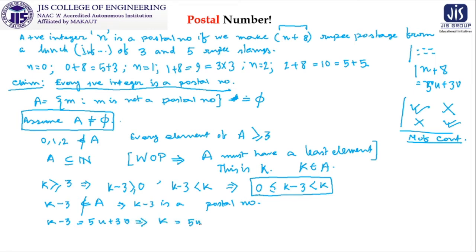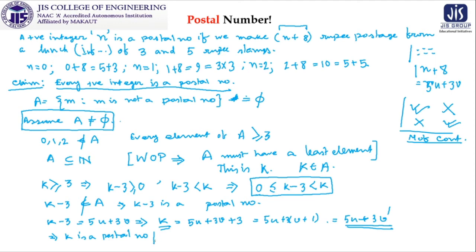K is equal to 5u plus 3v plus 3, so is equal to 5u plus 3 into (v plus 1), that is 5u plus 3v', means K is also representable in the combination of 5 and 3, which implies K is a postal number, because it can be represented in terms of 5 and 3.